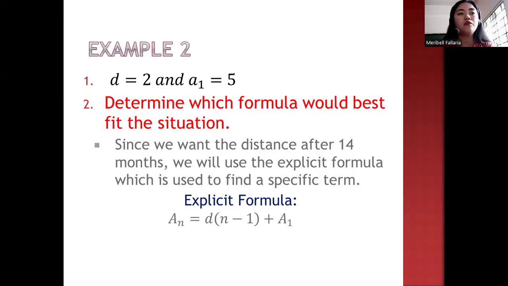Step 2, determine which formula would best fit the situation. Since we want the height after a specific number of months, we will use the formula for an arithmetic sequence. As you can see, the formula is: A sub n is equal to B times n minus 1 plus A sub 1.